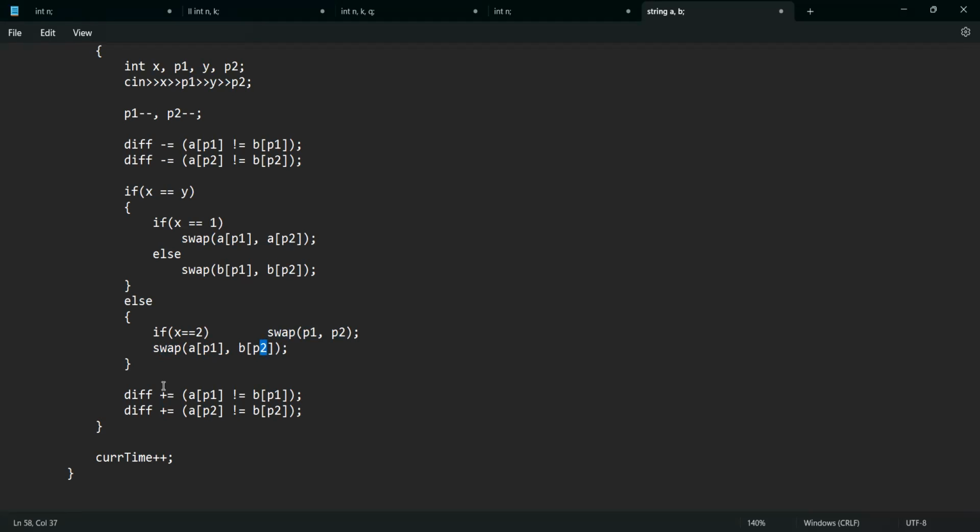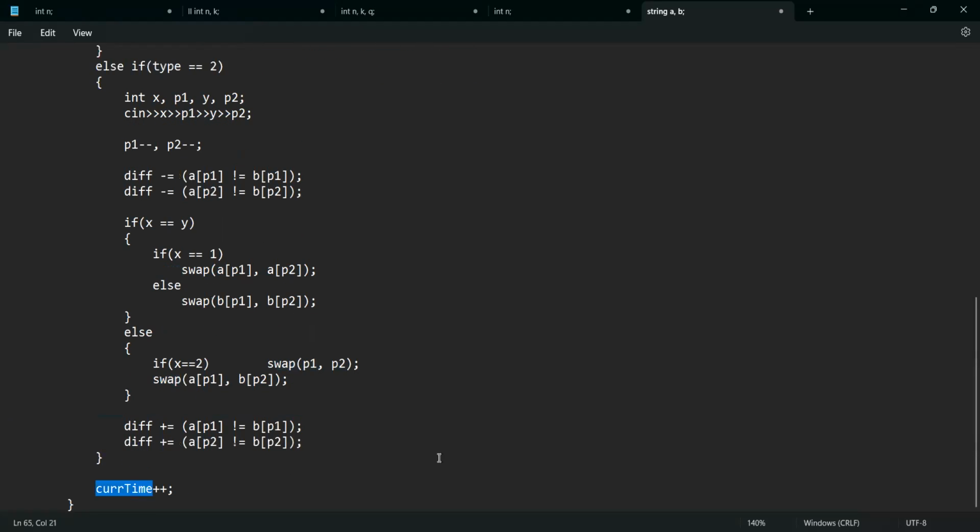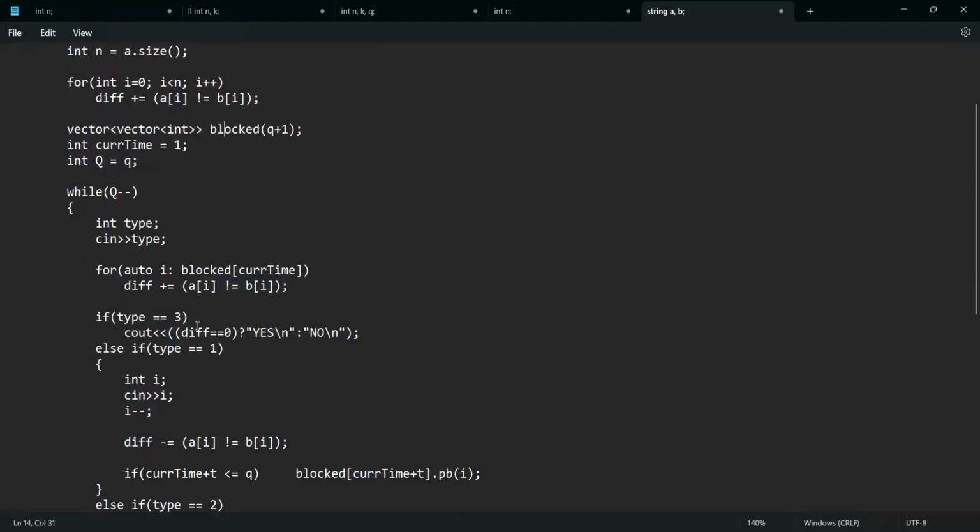I'll swap these two characters, and finally I'll add these values to my difference, and then I'll increment my current time. So by maintaining only this variable difference, I'll know for each of the type 3 queries whether the two strings are the same or not.